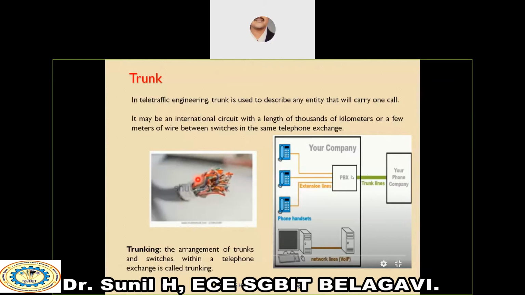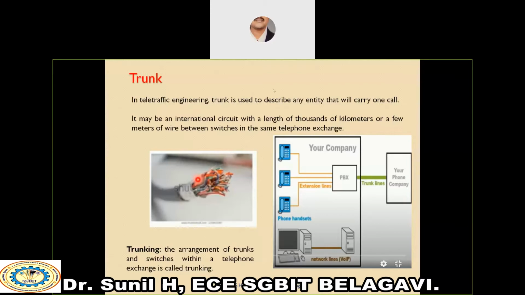Okay, it might be an international call, or it might be a local call, and that purely depends upon several kilometers as well as meters. This is the meaning of trunking: the arrangement of trunks as well as switches within a telephone exchange or within a telephone network is called trunking.